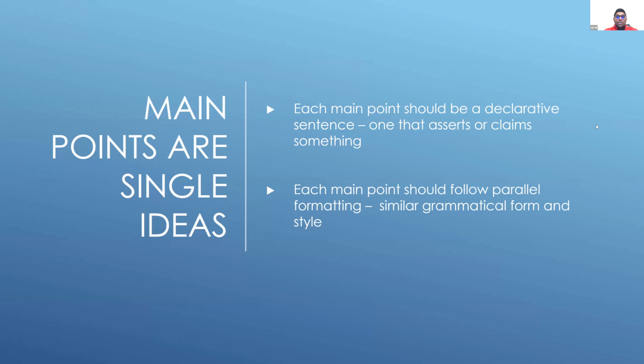So each main point should be a declarative sentence, one that asserts or claims something, and each main point should follow parallel formatting. Parallel formatting is just following a similar grammatical form and style. So it's trying to say your main ideas in the same type of way.